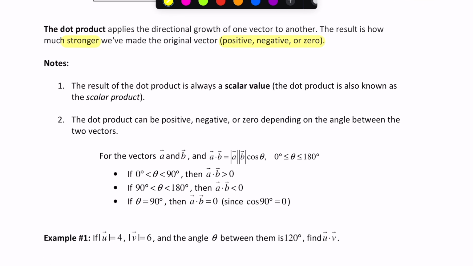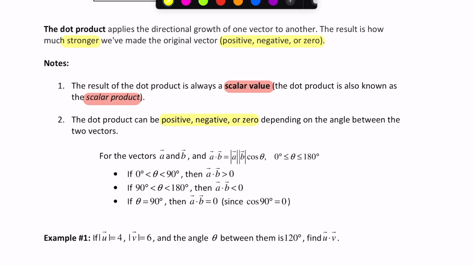And the result of the dot product is always a scalar value. The dot product is also known as the scalar product. The dot product can be positive, negative, or 0, depending on the angle between the two vectors.